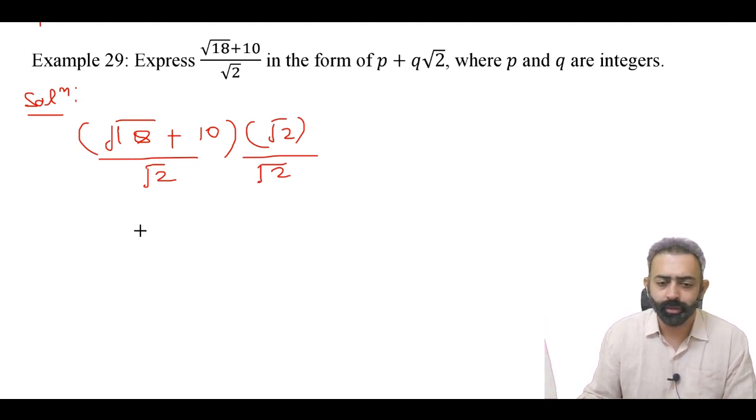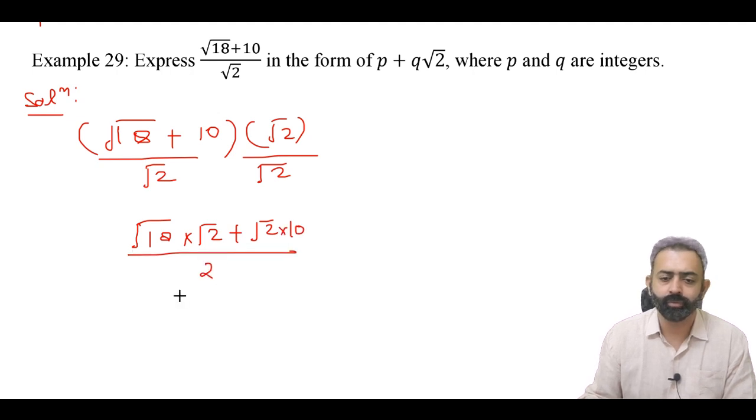Here you will get root 18 multiplied by root 2 plus root 2 into 10, upon just 2.